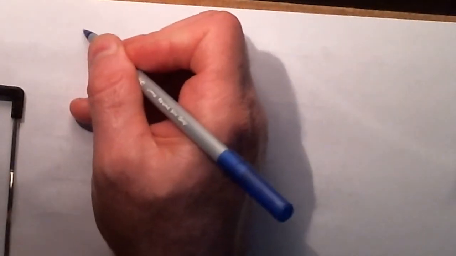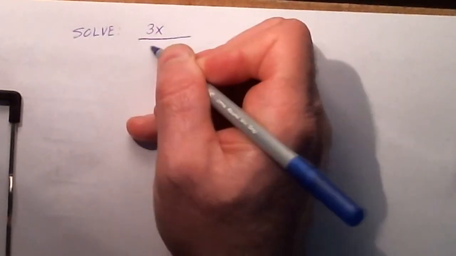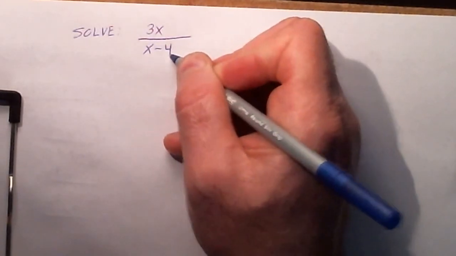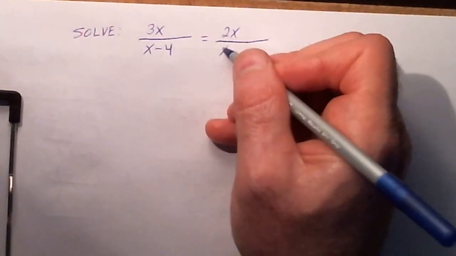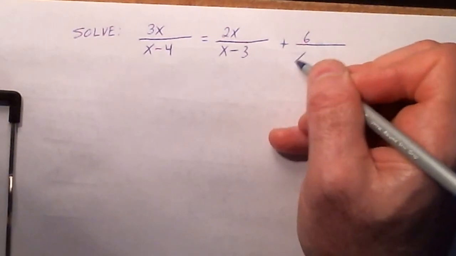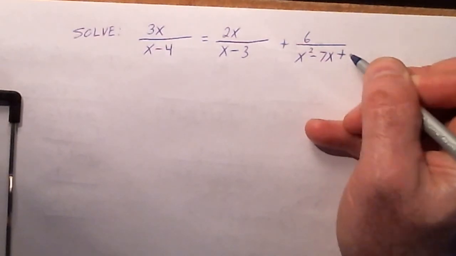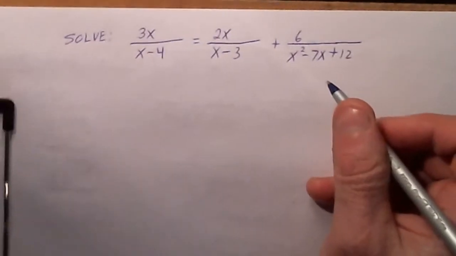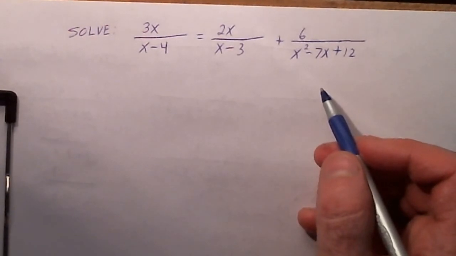Okay. All right, one more. All right, this is the rational equation we want to solve, and of course we have to make sure that all your denominators are completely factored.